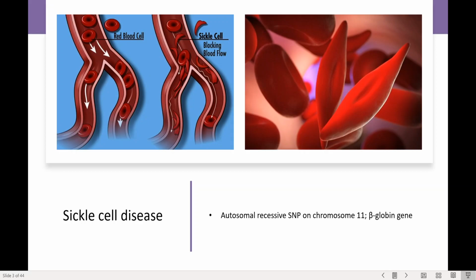Potentially, quite often people actually die if they have the two recessive copies.